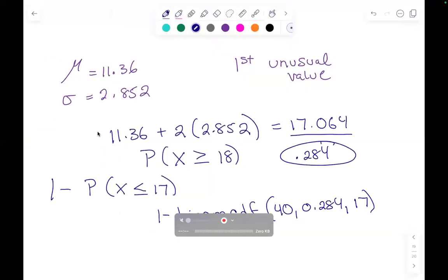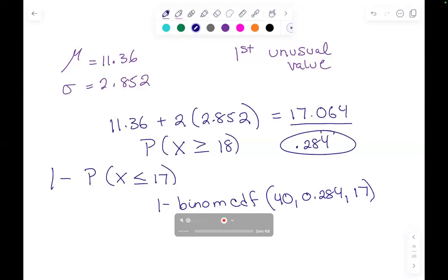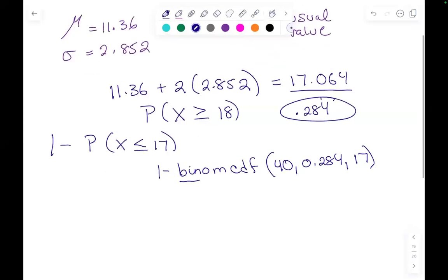So what this is going to tell me, I hate that. So what this tells me, this part right here, is the probability of forgetting my lunch 17 or fewer times. The 1 minus right here takes those away, it subtracts those off, so that all I'm seeing is 18 or more.